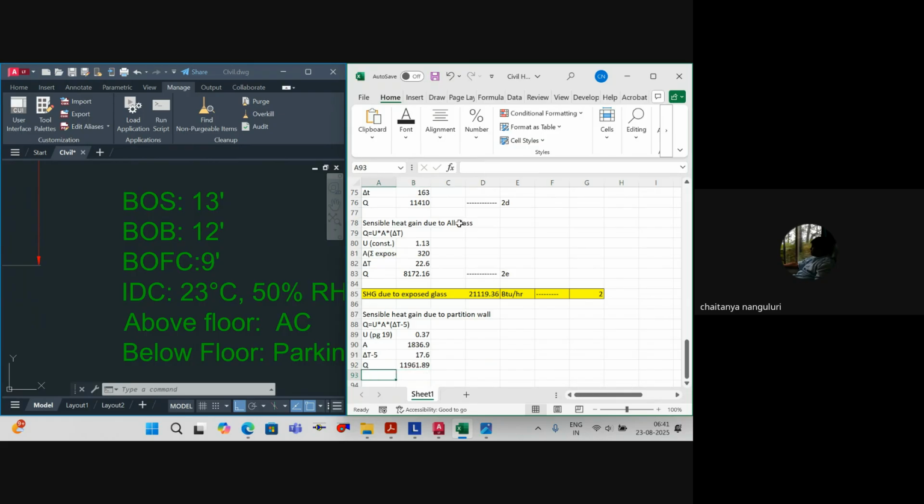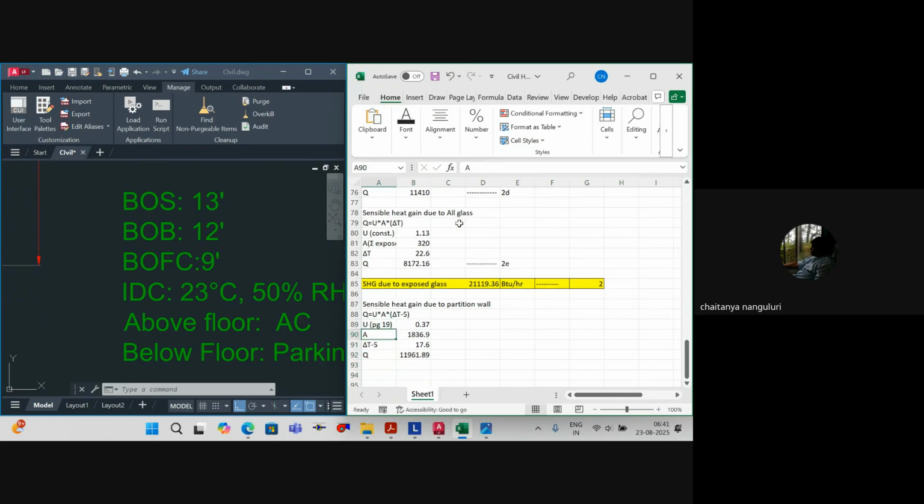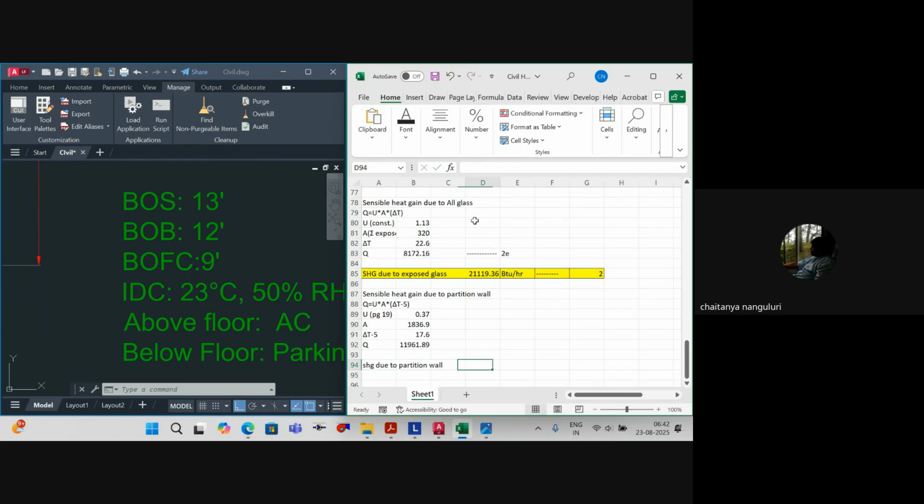Sensible heat gain due to partition wall is nothing but this value. You agree? I can write it as an equation. We'll write it here: sensible heat gain due to partition wall. Sensible, because all yellow ones, it will be easier for me to do it. Sensible heat gain due to partition wall is nothing but this.